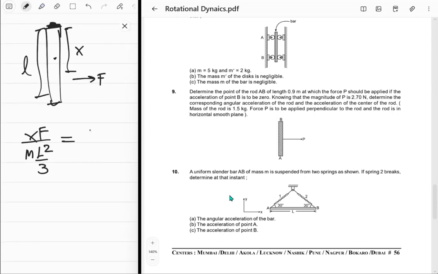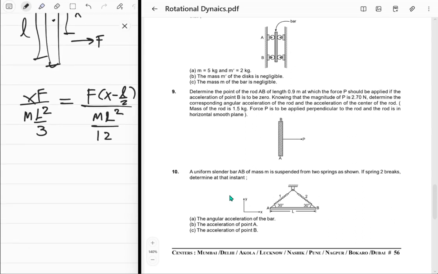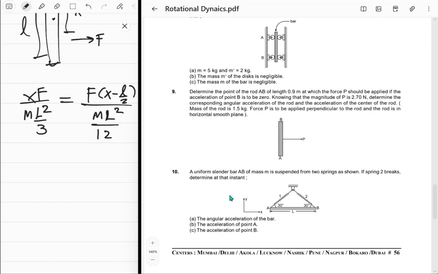So it's just going to be F times x minus L upon 2, upon ML squared upon 12. This is our equation. So this cancels, perfect. And then 3 over here, this also cancels with 4. 4 goes on top, it becomes x is equal to 4x minus 2L. So 3x is equal to 2L, x should be 2L upon 3.